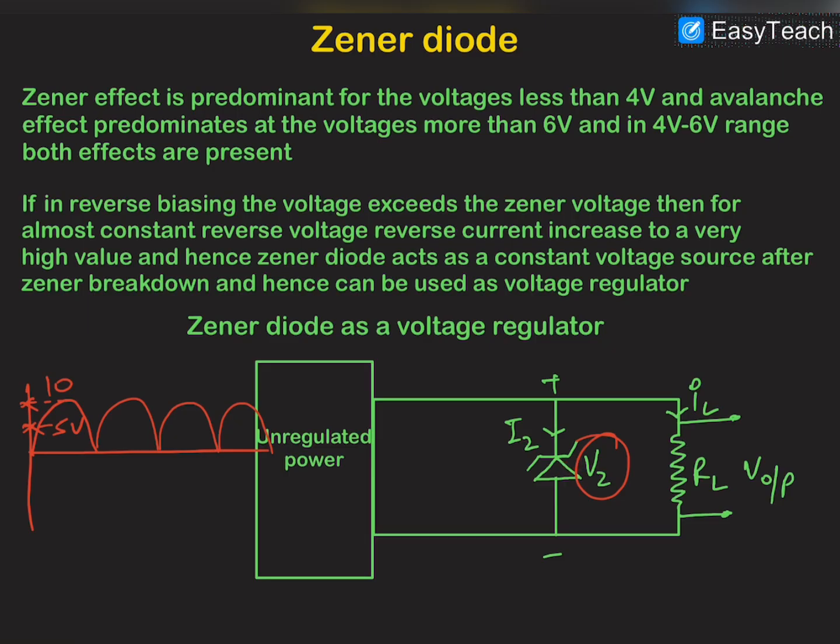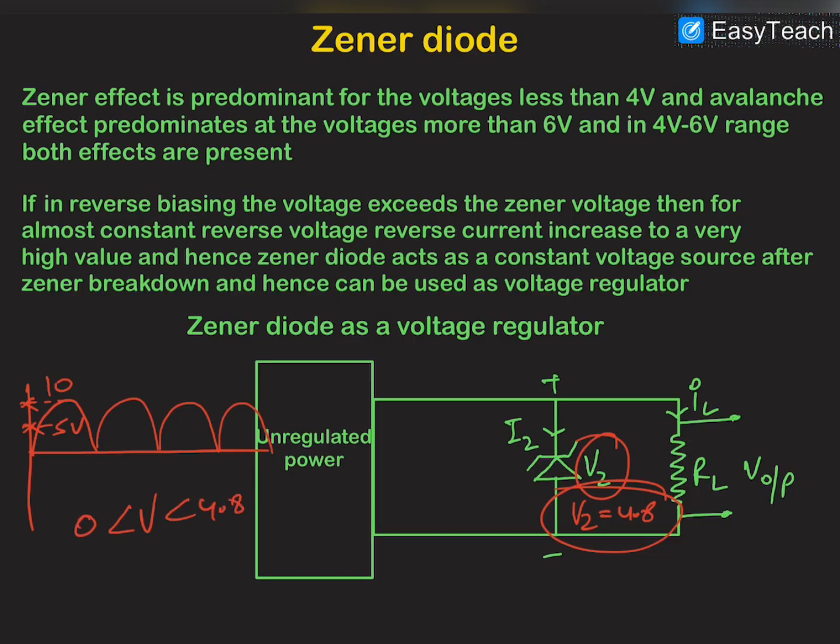Now I have selected the Zener voltage as 4.8 volts, to avoid the 5 volt level. So when this power supply comes, as soon as the voltage crosses the 4.8 level, the Zener diode will break down. Now let us talk about the voltage between 0 and 4.8.